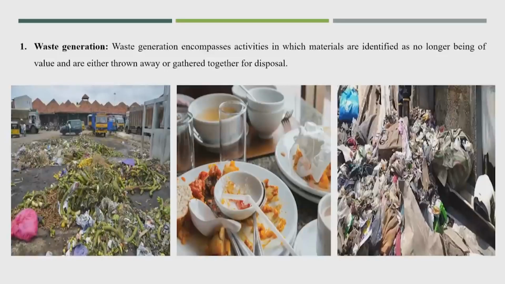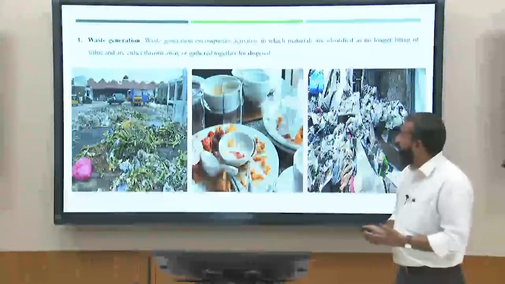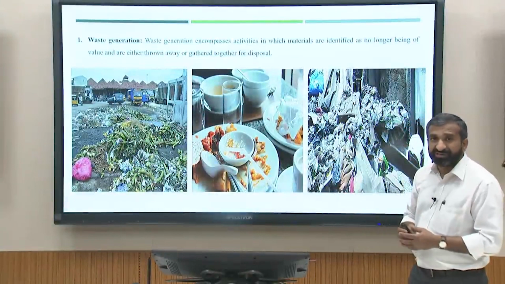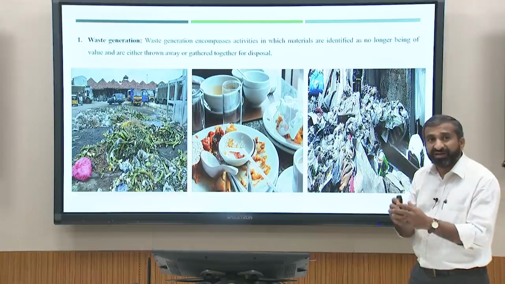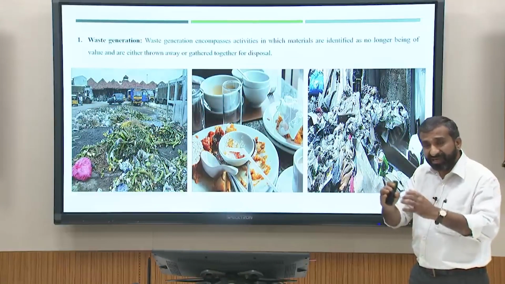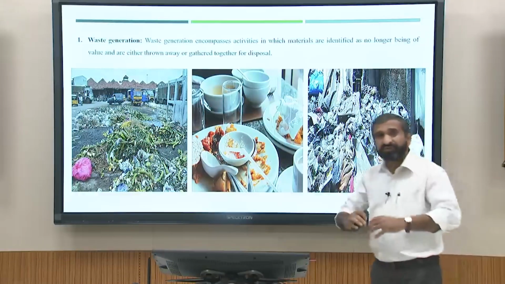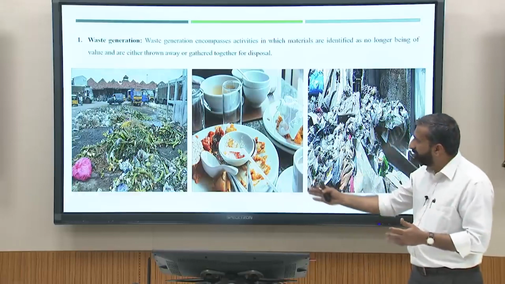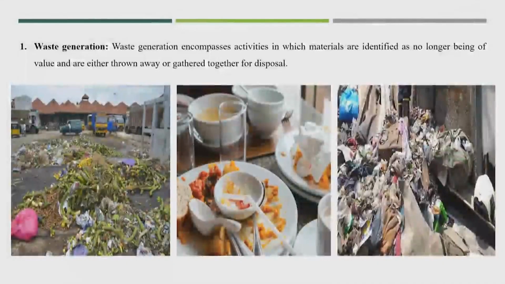Now, I have put some photographs to understand what kind of waste is getting generated. This functional element is very important to know about the different types of waste generated, and also what the different sources are. One photograph is showing vegetable waste, the biological waste.